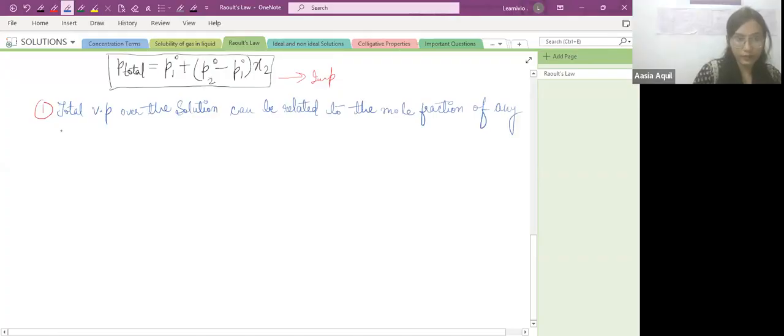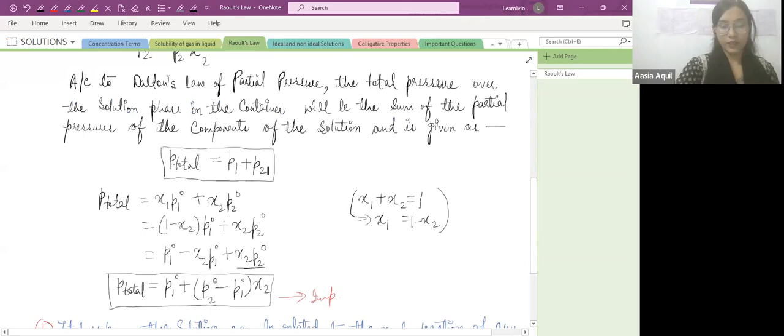Here I substituted X1 equals 1 minus X2; you can also substitute X2 equals 1 minus X1, right?